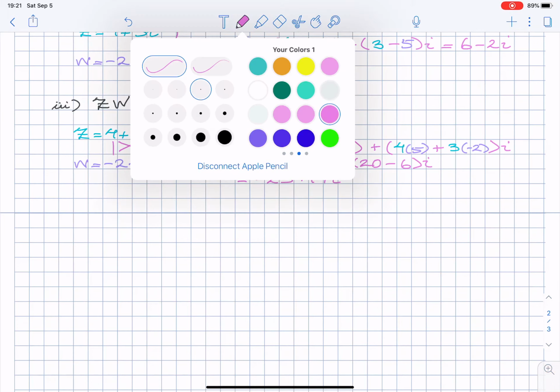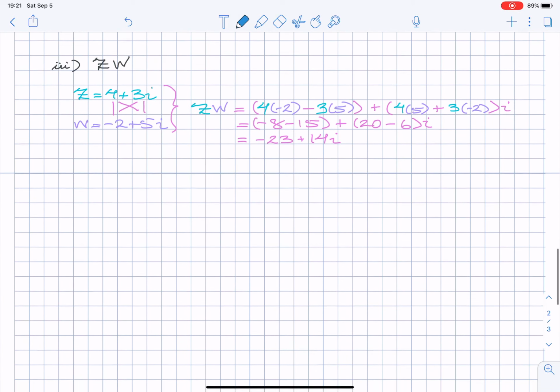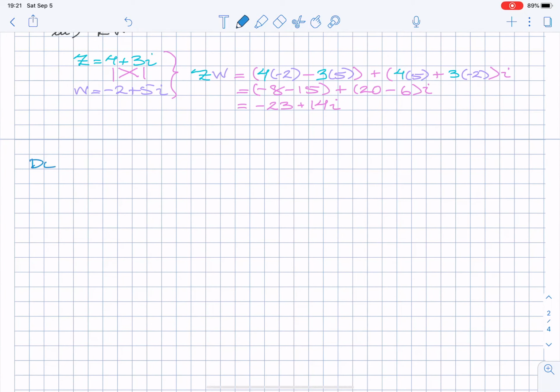So definition. Hopefully those make sense. So definition. Okay, so the complex conjugate. The complex conjugate. That's what we're defining.